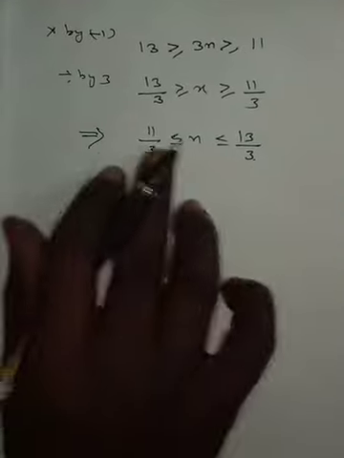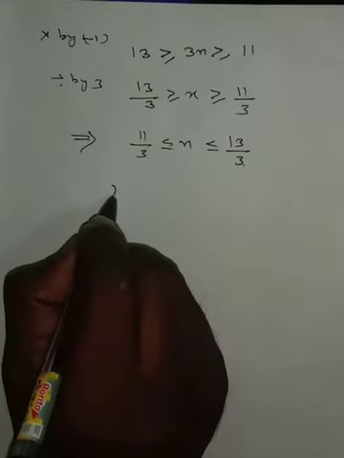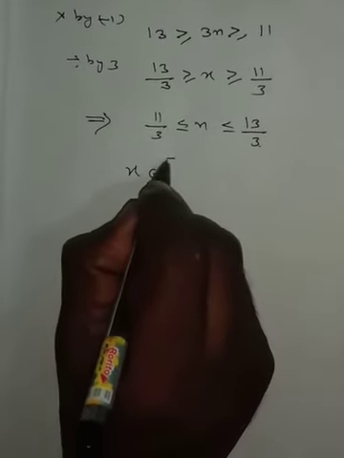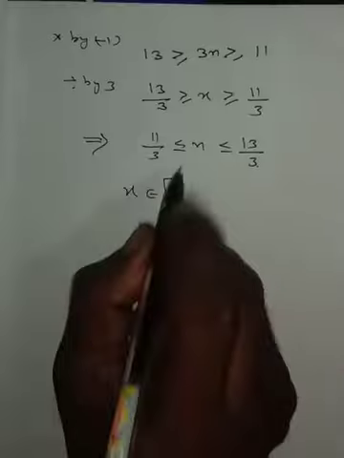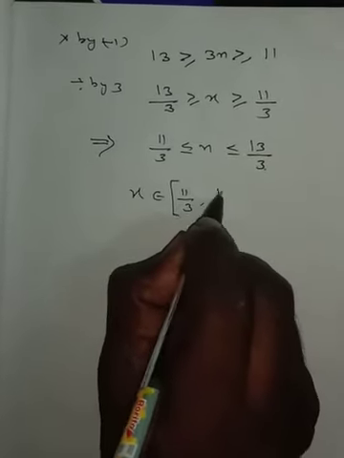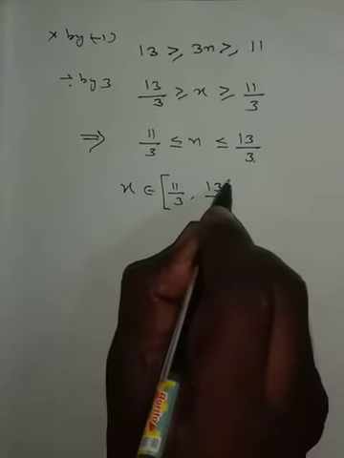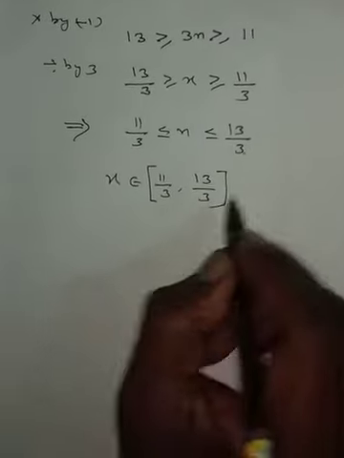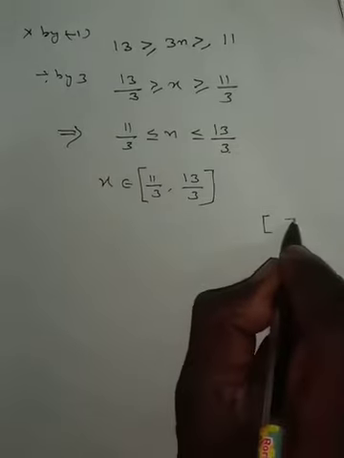Here the inequality is less than or equal to. Therefore, x belongs to the closed interval 11 by 3 comma 13 by 3. The bracket is a closed bracket.